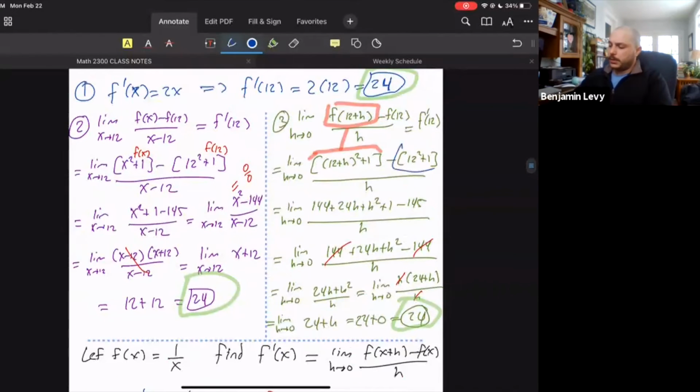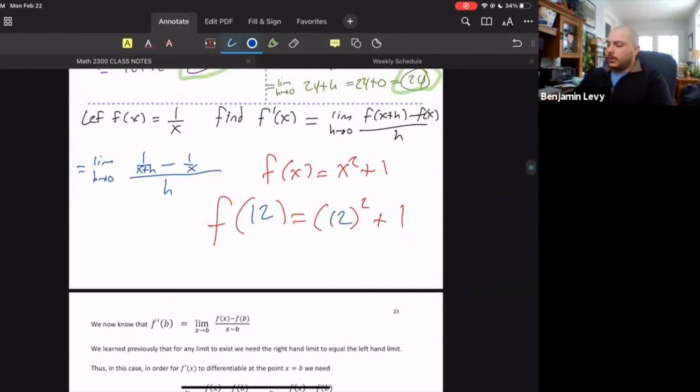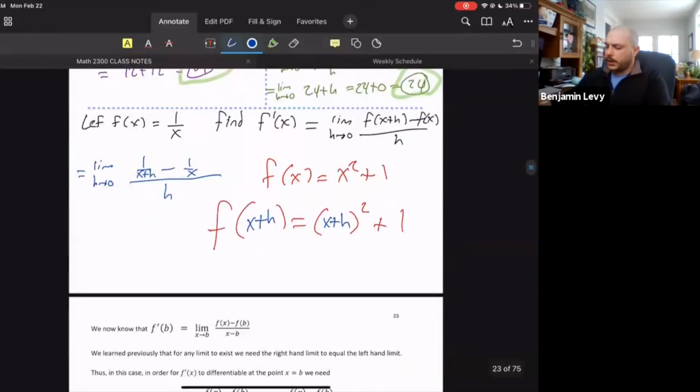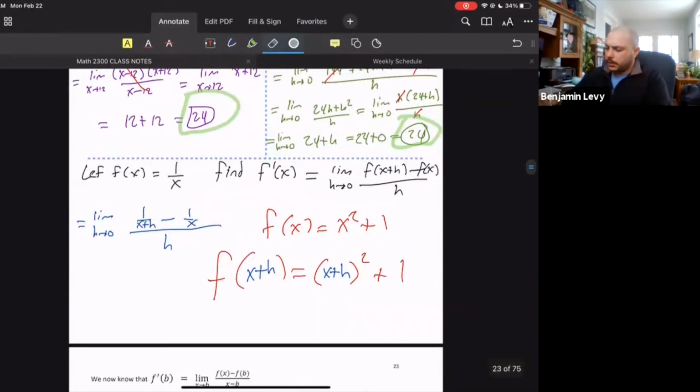That was this piece. And we can do anything, x plus h, for example. That's why it becomes this. All right, that's good. Oh, I'm sorry, it was 12 plus h in that last one, not an x. So 12 plus h would be the same idea, just 12 plus h.